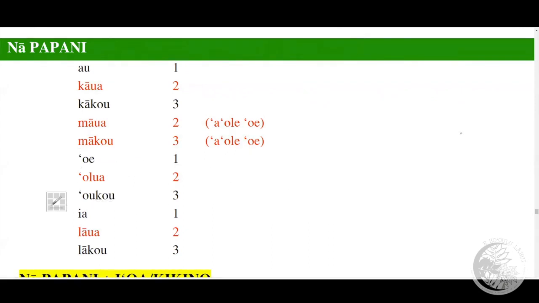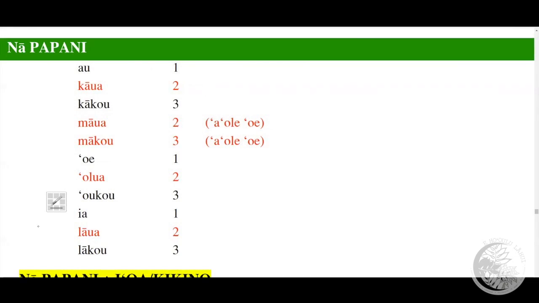Okay. And likewise, when we look at what in English calls the third person, yeah, so whenever you're talking about somebody else, yeah, not I, not you, but we're talking about a third person, somebody else we're referencing. And the first word you notice is the word ia.